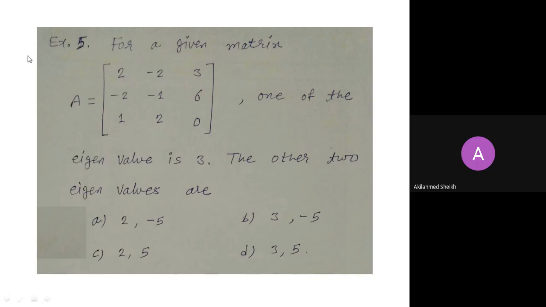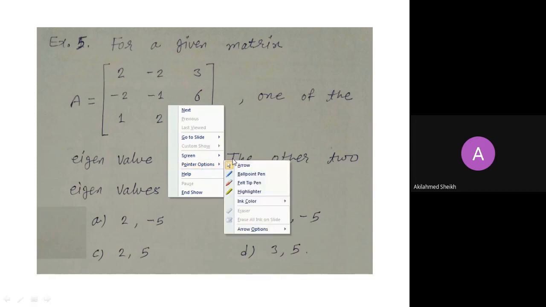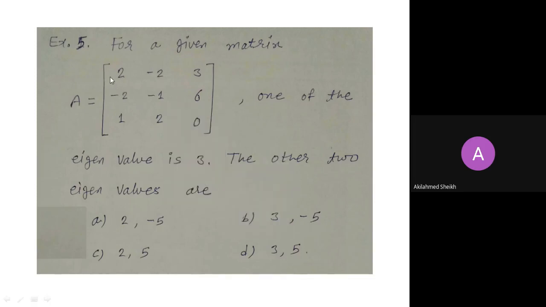Now here we know that sum of eigenvalues is equal to the trace of A. Trace is nothing but the sum of diagonal elements. We assume the given eigenvalue as lambda 1. So the sum of eigenvalues is equal to the sum of diagonal elements.